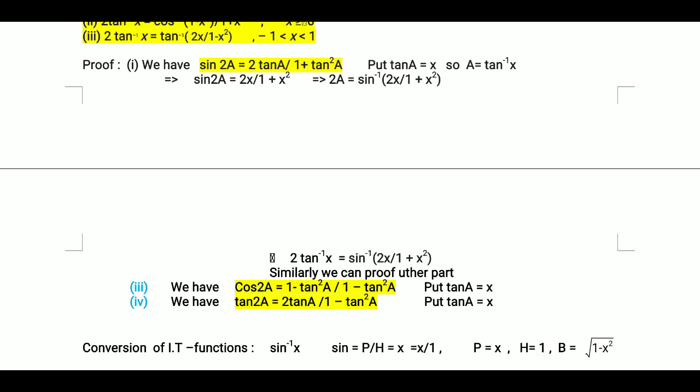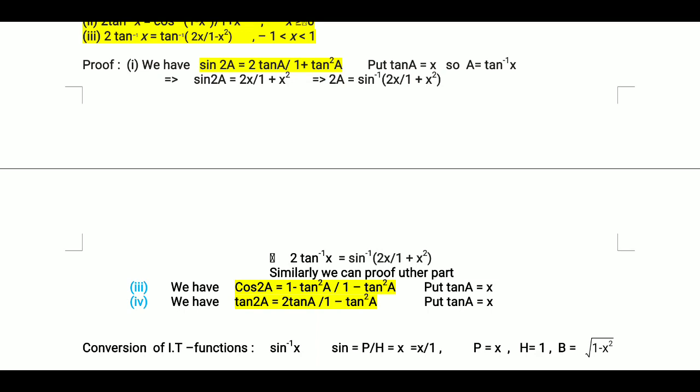Now in case of the second one, we take another formula of cos 2a in the form of tan a. That is cos 2a is equal to 1 minus tan square a upon 1 plus tan square a. Here 1 plus tan square a in the denominator is misprinted here.